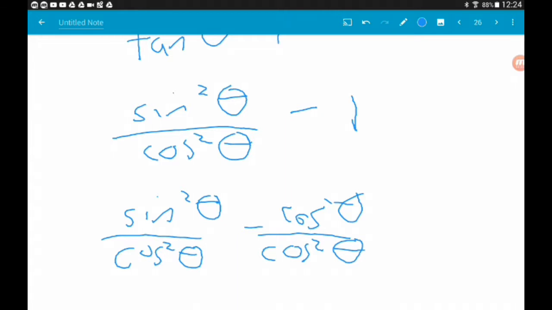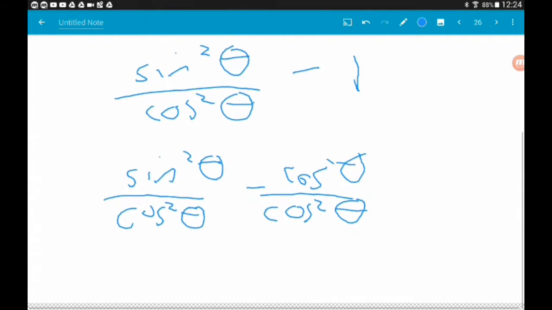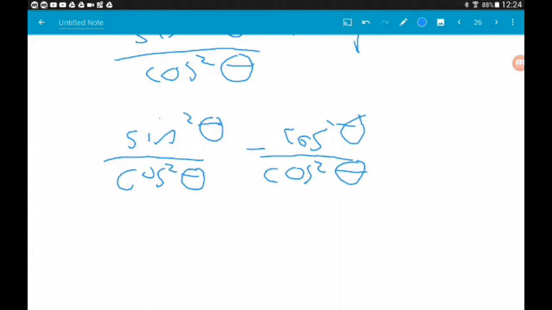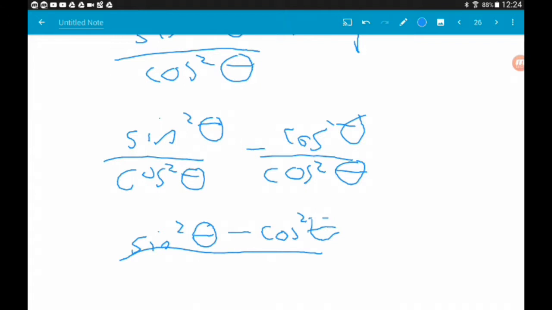So that fraction there is just 1. Cos squared divided by cos squared is just 1. What I'm going for here is common denominators. So I could then write this as sine squared theta minus cos squared theta all over cos squared theta.